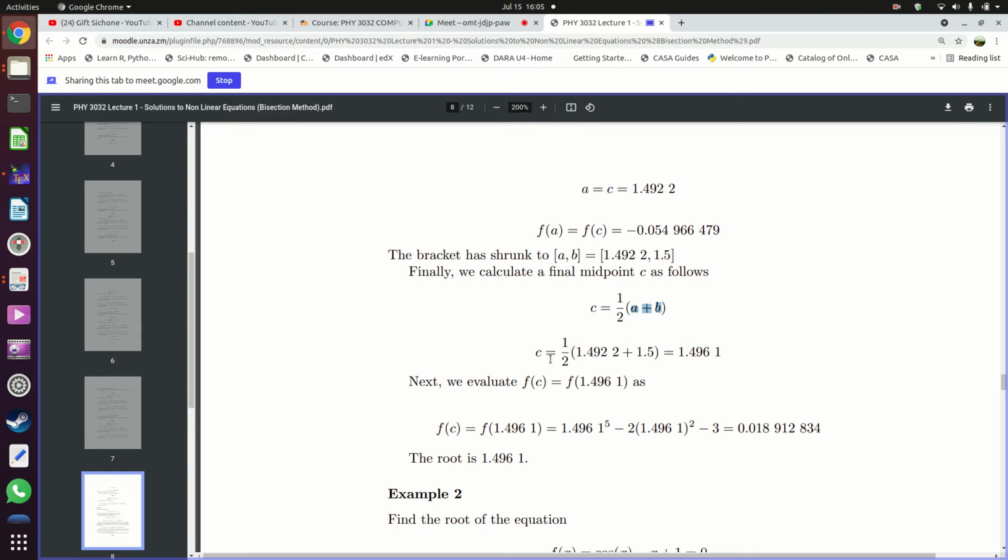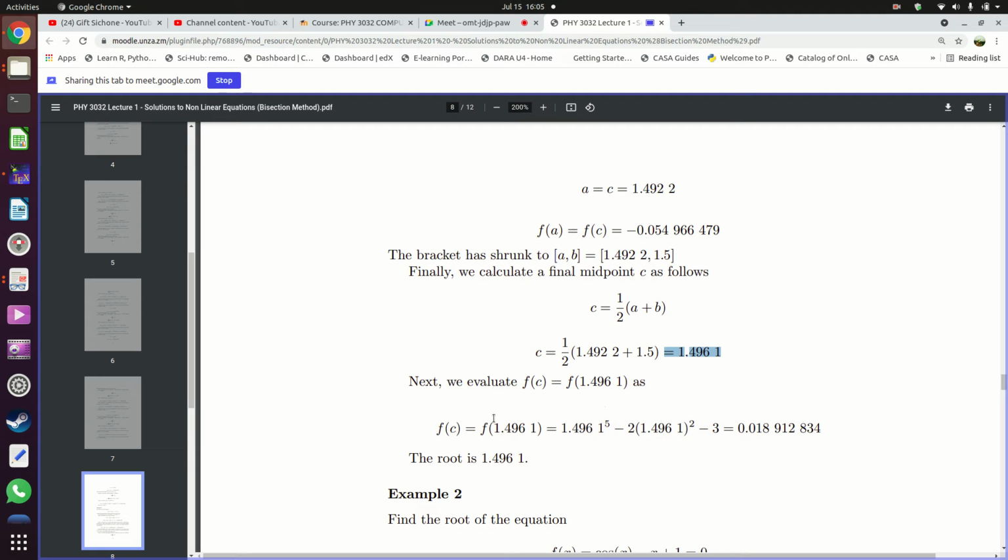So this is going to be C equal to half of 1.4922 plus 1.5, which is going to give you 1.4961. And this is going to be a root. Then you try to see if this solution you've come up with is going to make your function almost equal to 0.